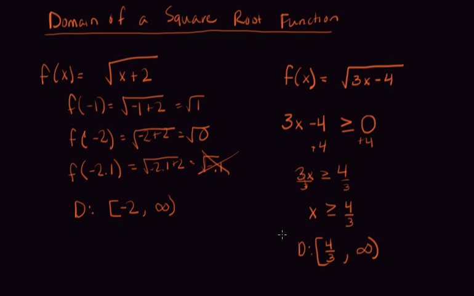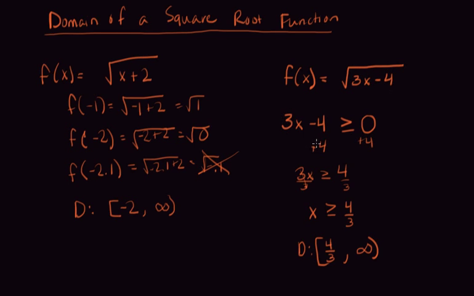So this is how we figure out, if you can't figure it out just by looking like we did in this one, you can figure it out by writing an inequality and solving that inequality. And the way to write the inequality is to say, okay, the stuff under the square root has to be greater than or equal to 0. Write that down.